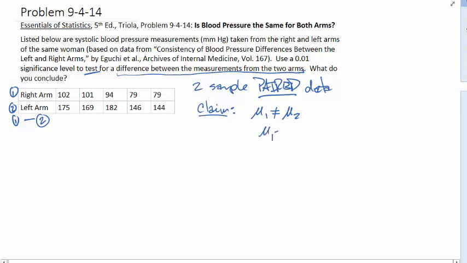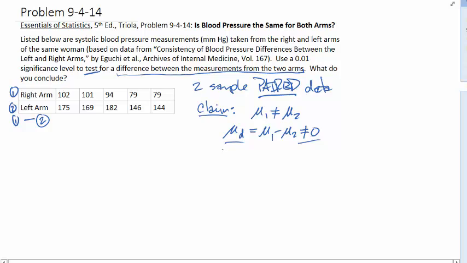We're going to get mu1 minus mu2 is not equal to 0. What we're going to do here is assign this to mu sub d. So we're looking for the mean difference between everybody's right and left arms. Okay, so now mu sub d is not equal to 0 is our claim.